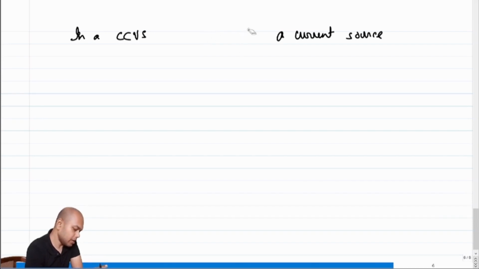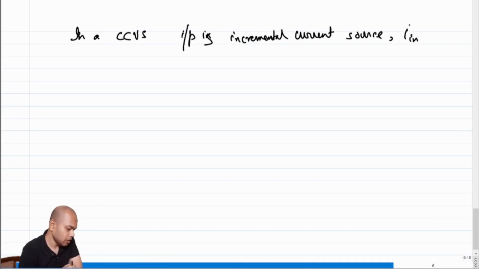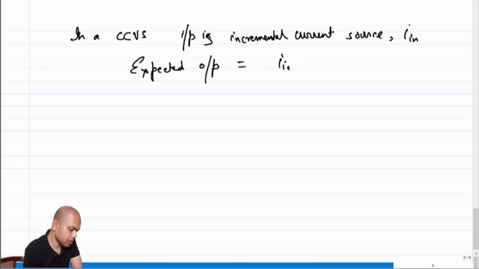In this case, let me say it's an incremental current source because all these things are in the incremental domain. The CVS input is an incremental current source I in, and the expected output is I in times some constant, and the output is a voltage, right?